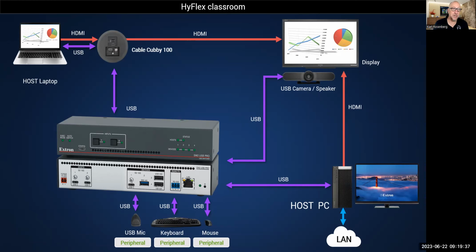You will notice in this particular picture, what is the host? It could be the laptop. It could be the host PC that's in the lectern or the podium. That's up to you. But somehow you will have to take these peripherals, cameras, and wire them to the host. Now, remember, if you've only got one computer in the room or it's a laptop, that'll be a little easier. But if you have multiple hosts, you will need a USB switcher.